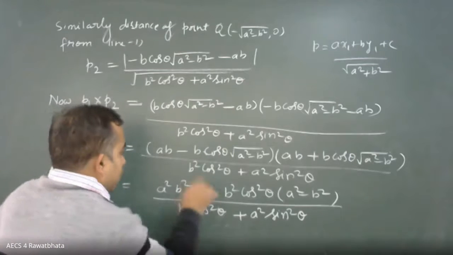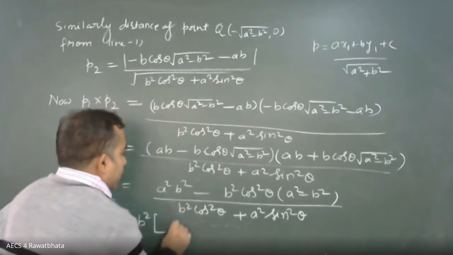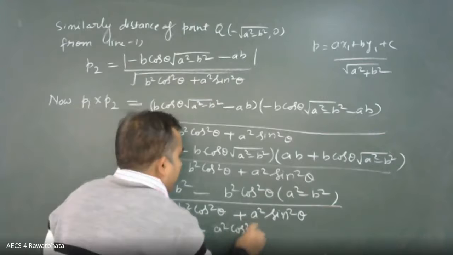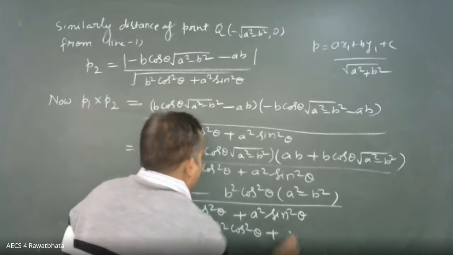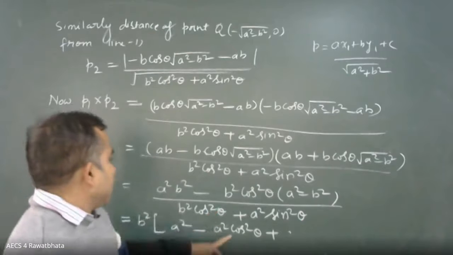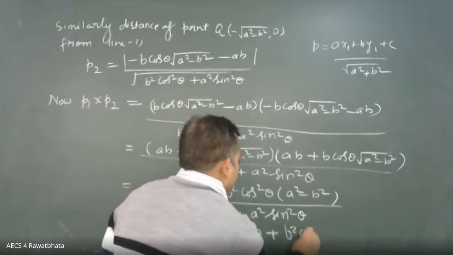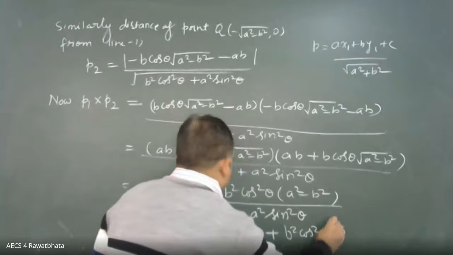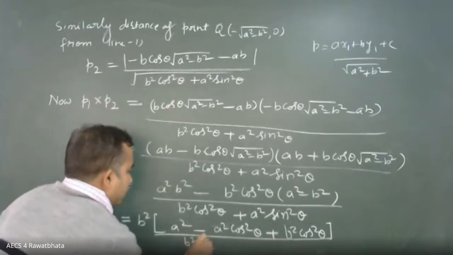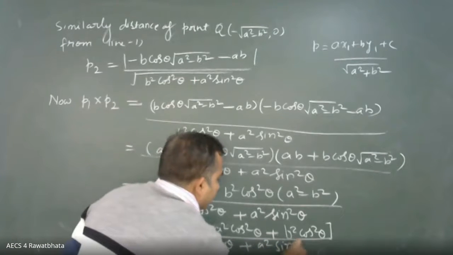Let us see. I think b square can be taken common. In the bracket we'll get a square minus a square cos square theta plus b square cos square theta, whole upon, as it is, b square cos square theta plus a square sin square theta.